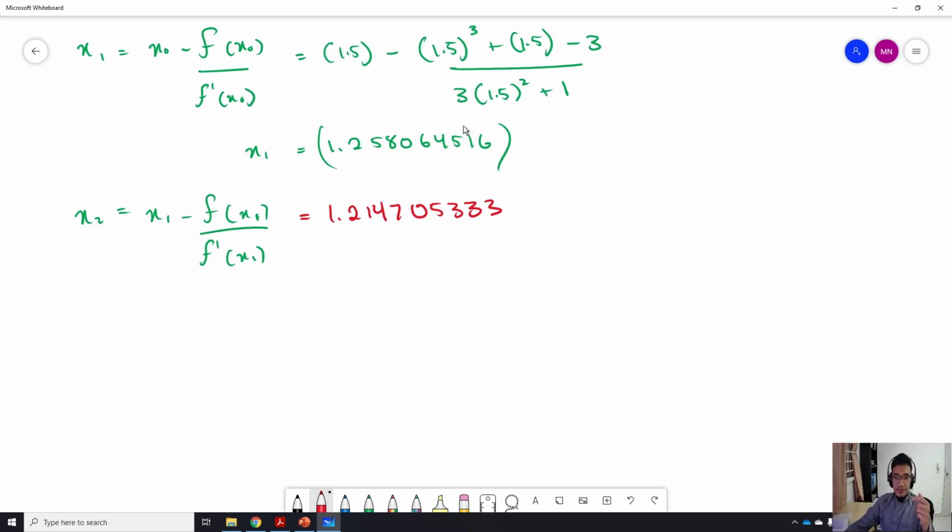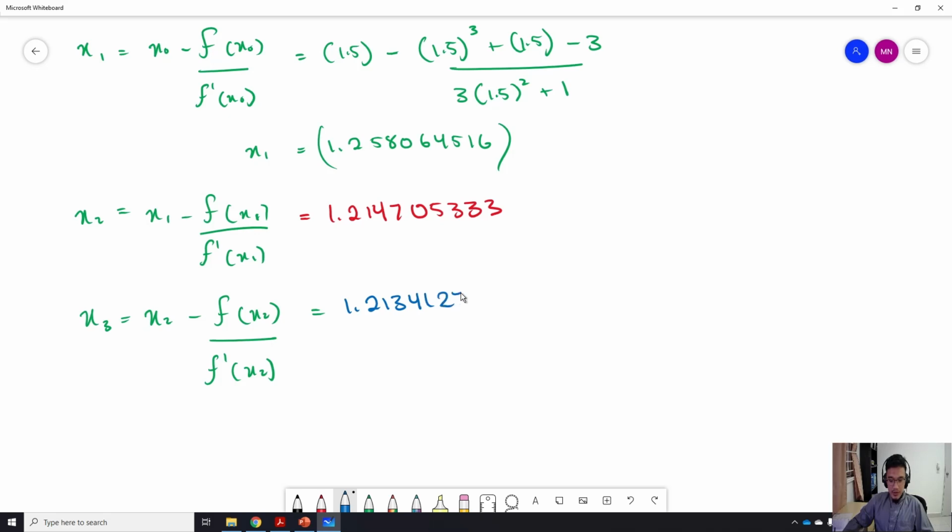So this means we need to find a closer approximation, so we proceed to x3. x3 is equal to x2 minus f(x2) over f'(x2), which gives us 1.21341276. Comparing x2 and x3, the first 3 decimal places are still not the same, so we proceed to x4.